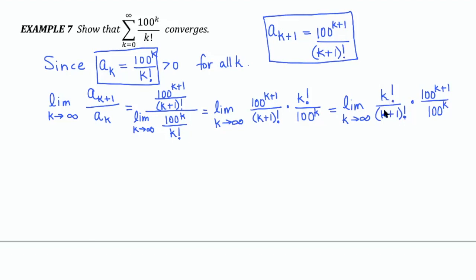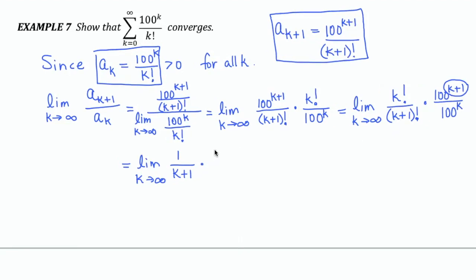Now here's where we've got those facts again that we saw from above. The first fraction in my limit expression here is just going to reduce to 1 over k plus 1. And the second fraction, here's where you want to use the second fact that we talked about, how if you have addition in the exponent, you can write that as a multiplication statement.